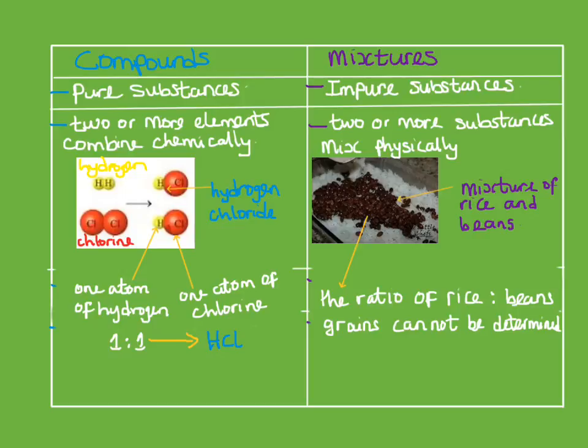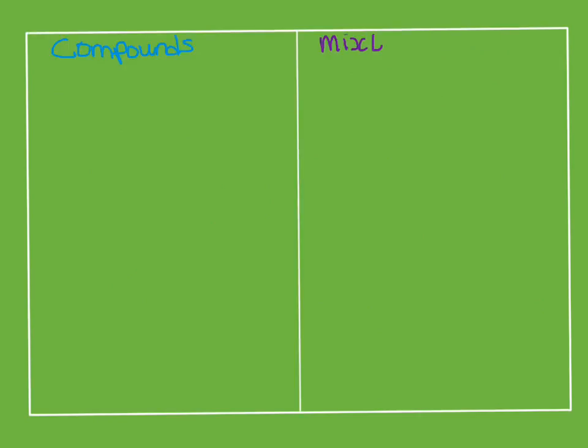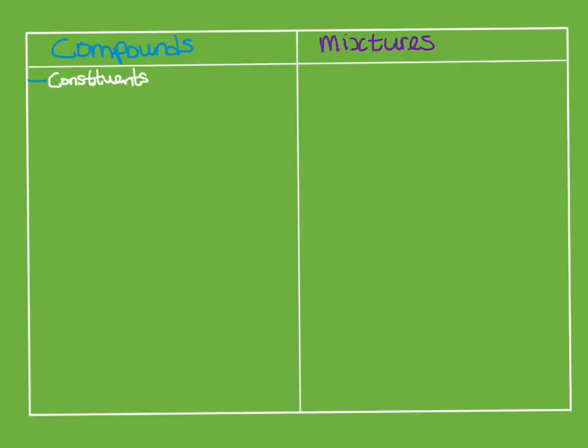Let's proceed with another difference between compounds and mixtures. The constituents of a compound can be separated by chemical methods. In chemical methods, the substance is altered chemically.